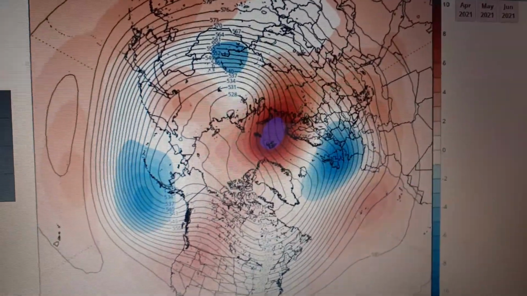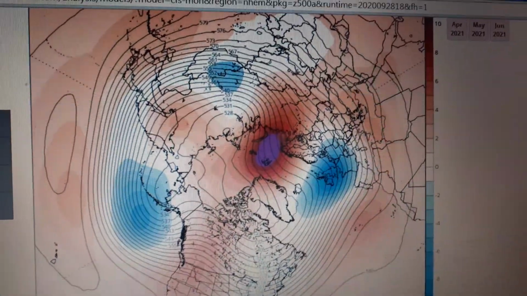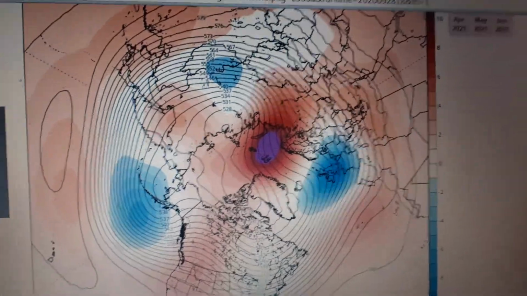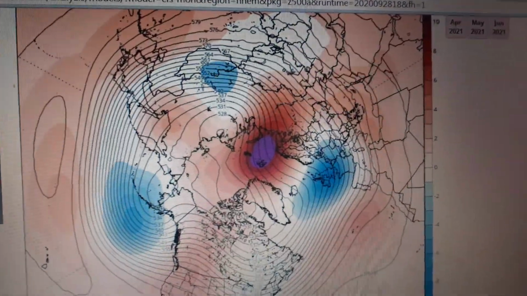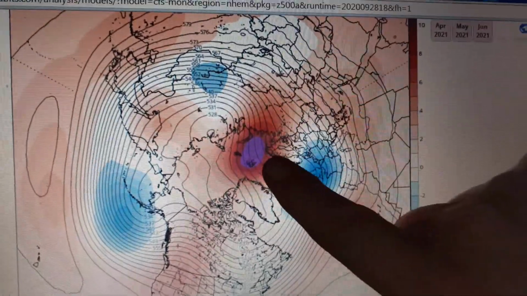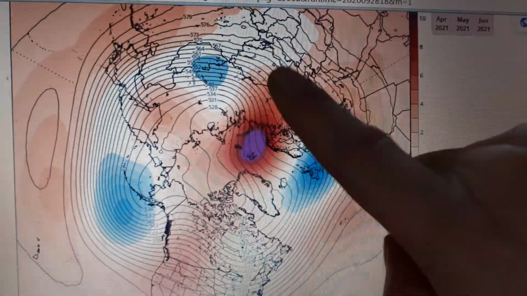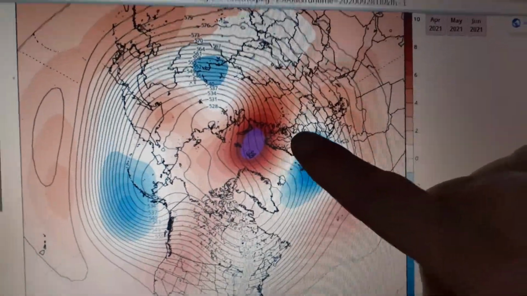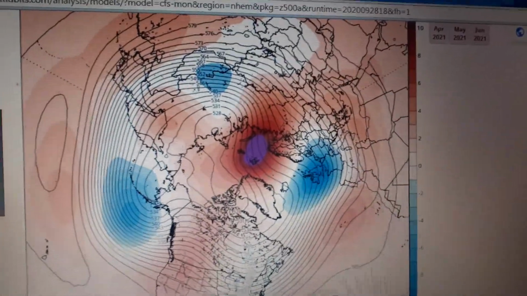If you're with the theory regarding a big October snowpack over Eurasia versus a negative Arctic oscillation, North Atlantic oscillation, certainly this would be a positive indeed for that.